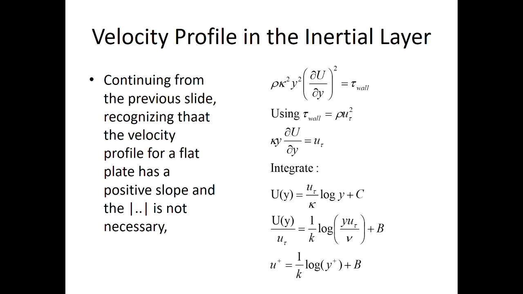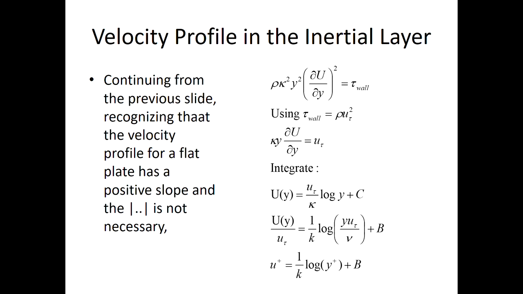I'm going to integrate the du. So when you integrate the du, you get u. I've taken this kappa to the other side, therefore I have a 1 over kappa, u tau over kappa. dy over y is logarithm of y plus a constant. Okay. dy over y, when you integrate it, you get a logarithm.